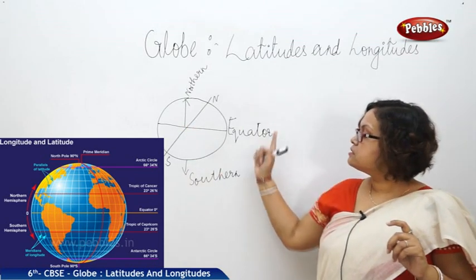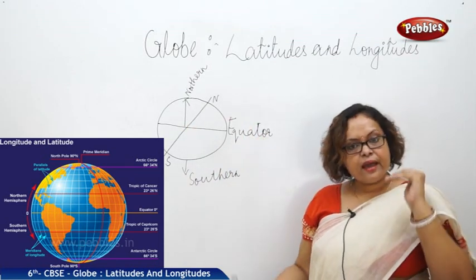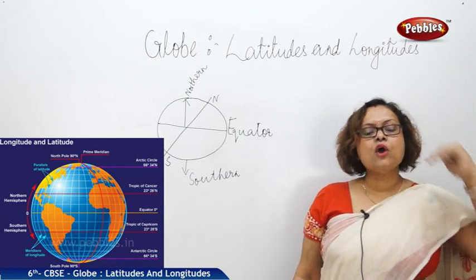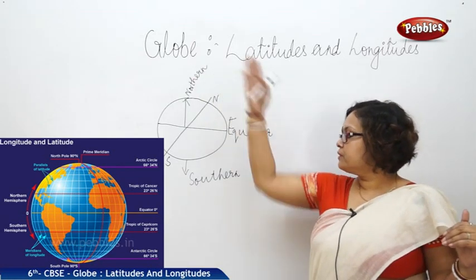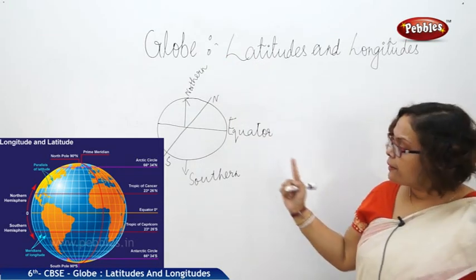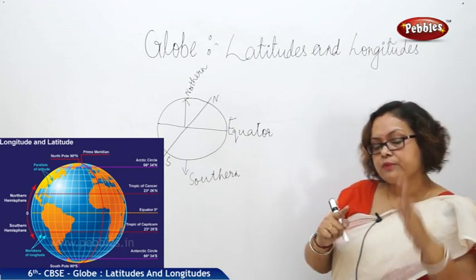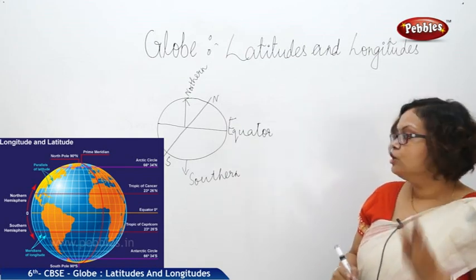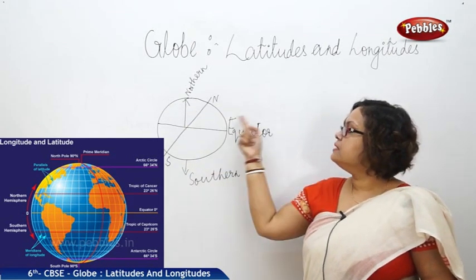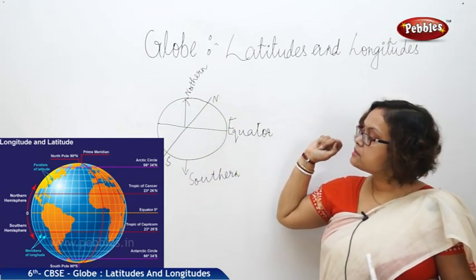So, equator is a circular line that divides the earth into two hemispheres, northern hemisphere and southern hemisphere. Parallel circles: if you observe the globe carefully again, you will find it is not only the equator, but there are many other parallel circles there.